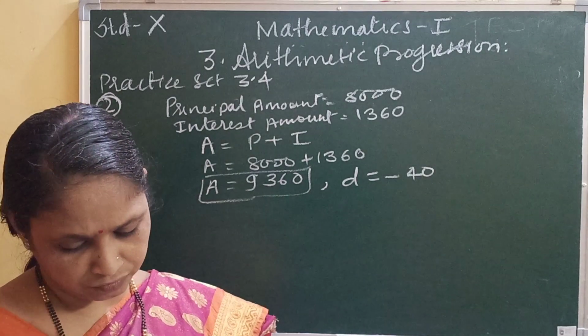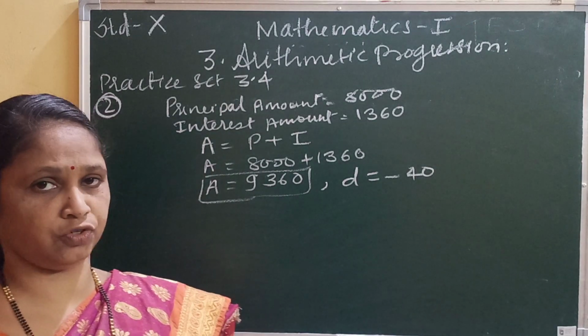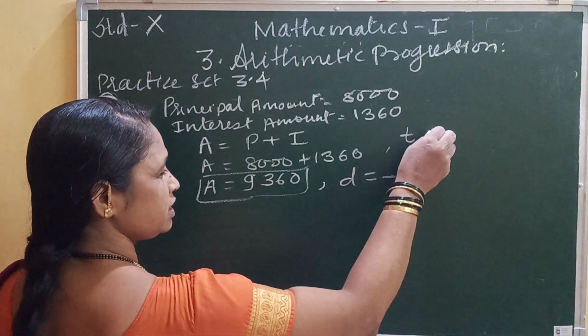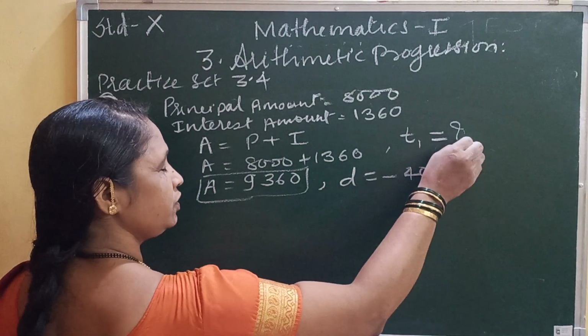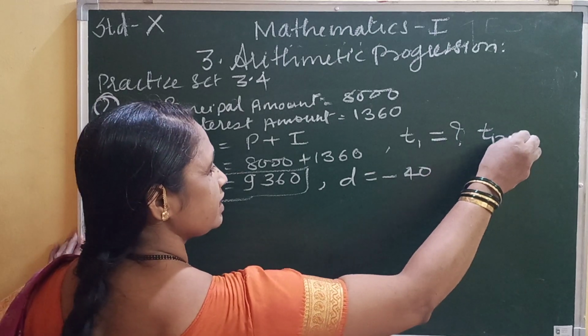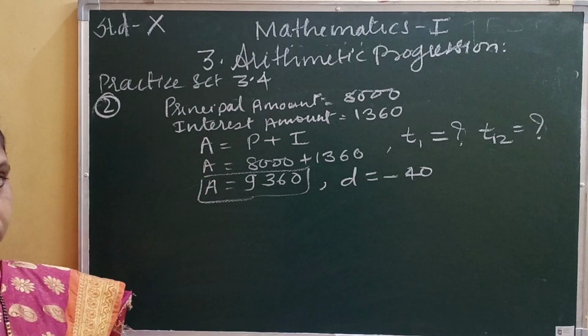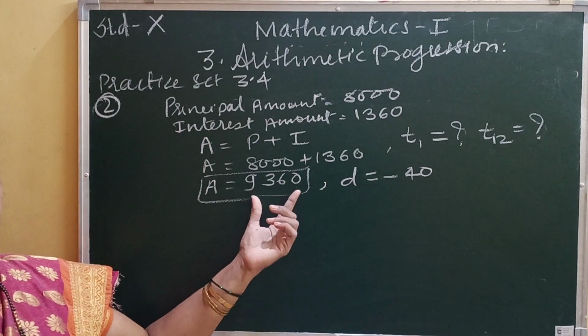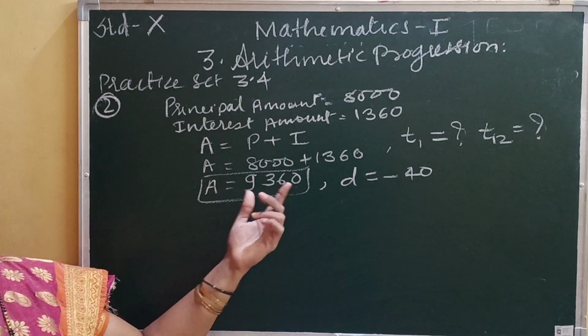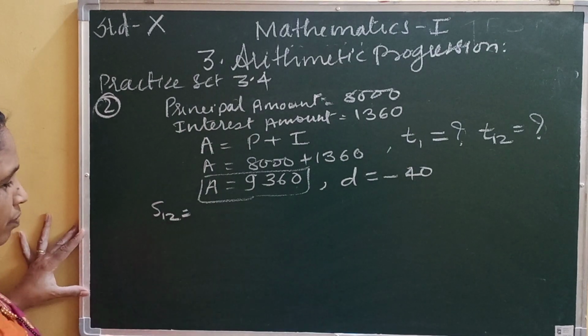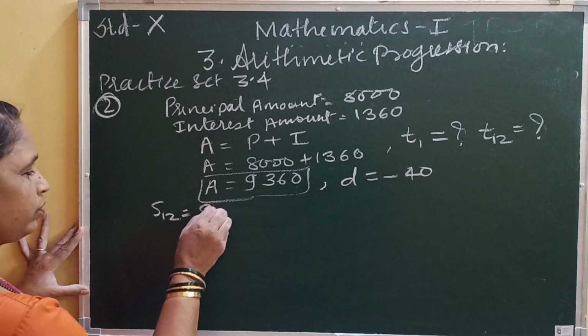Find the amount of the first and the last installment. Means you have to find T1, his first installment, and his 12th installment, that we have to find out. This 9,360 is given, that is the sum of 12 installments. Sum of 12 installments is how much?